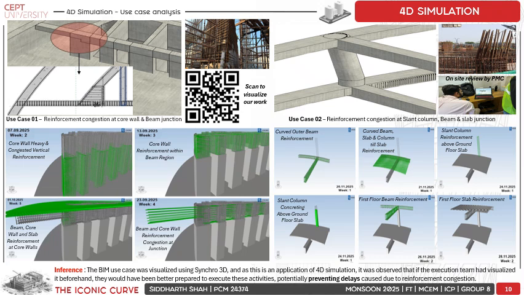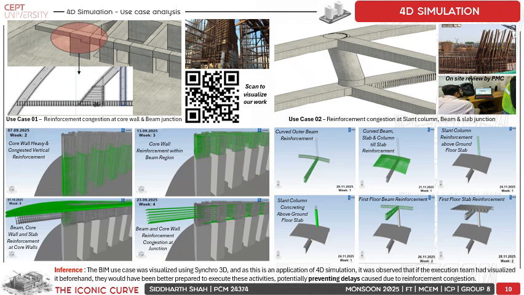So for 4D simulation, we picked up two use case analyses. The first being the reinforcement congestion at core wall and beam junction, and the second being reinforcement congestion at slant column and beam and slab. I had already mentioned in the previous slide that there were 6 days of delay because of heavy reinforcement in core walls and 4 days of delay due to reinforcement congestion at the junction.